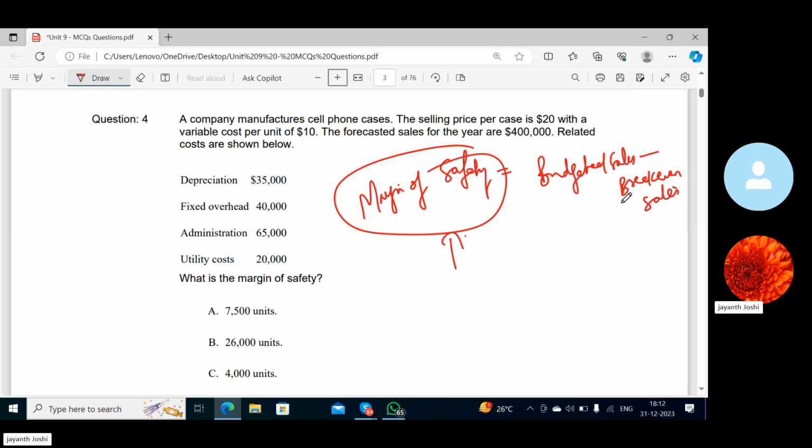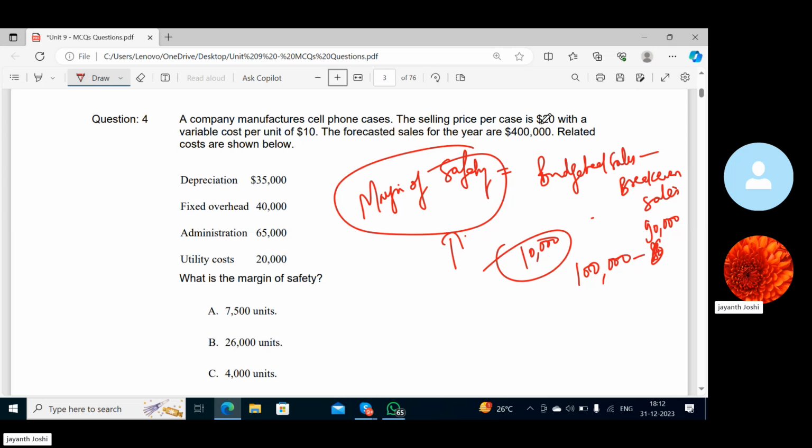That means your break-even sales should be less than your budgeted sales. You budgeted that you want to make sales of 1 lakh and you break even at 90,000 worth of sales. So the margin of safety is 10,000. You have this excess, correct? Yes, sir.